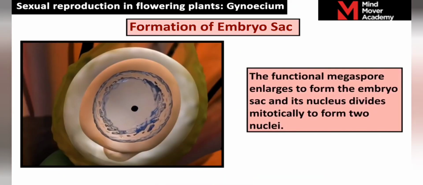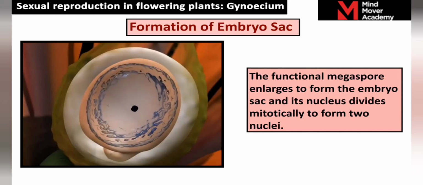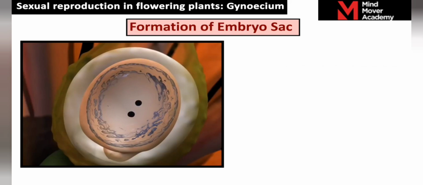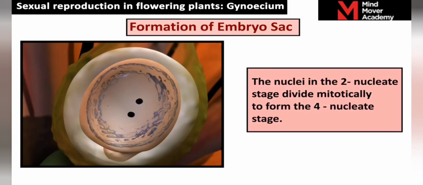The functional chalazal megaspore enlarges to form the embryo sac, and its nucleus divides mitotically to form 2 nuclei, which move to the opposite poles, forming the 2-nucleate embryo sac. The nuclei in the 2-nucleate stage divide mitotically to form the 4-nucleate stage.